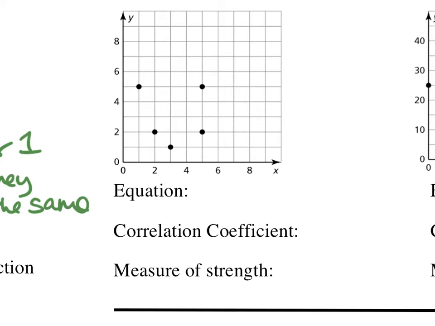Do I have a table of values for this first example? No, what am I given? Points on a graph. I would like a table because it makes it very easy to type it into the L1, L2 on my calculator. So what we're going to do is take all of these points and put them into a table. So let's first read this graph so that we can make our table.